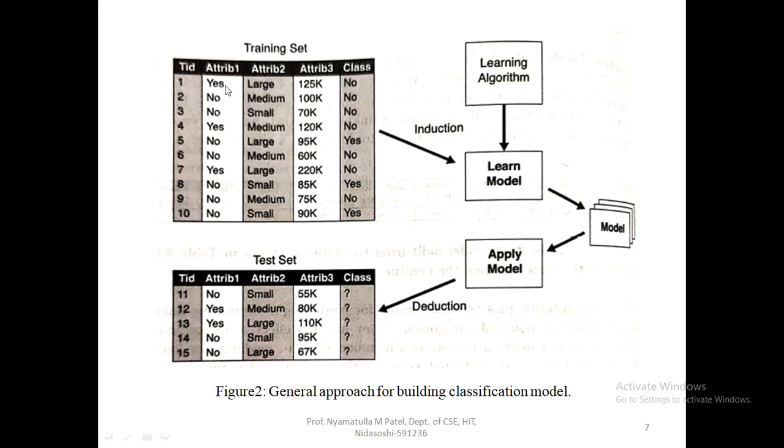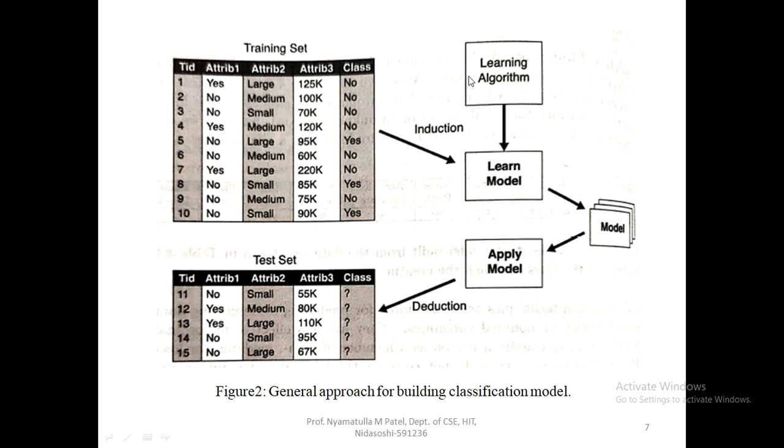Let us assume this is a transaction, whether the particular person has done a transaction on time or not. Yes, no, yes, no. Let us take, for example, a shirt size, either small, medium or large, and this is the salary of a particular person, and to which class he belongs: whether he is performing the transaction at the right time, or at the wrong time, or he is not repaying back the credits.